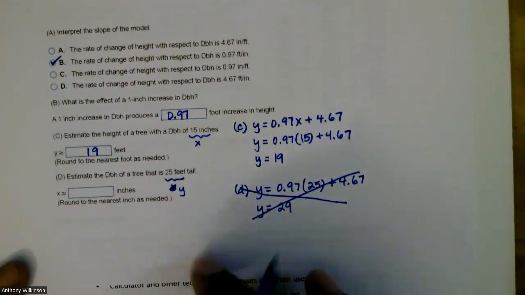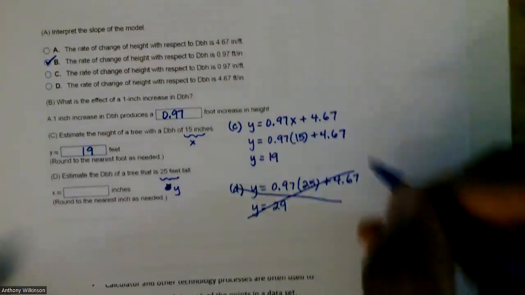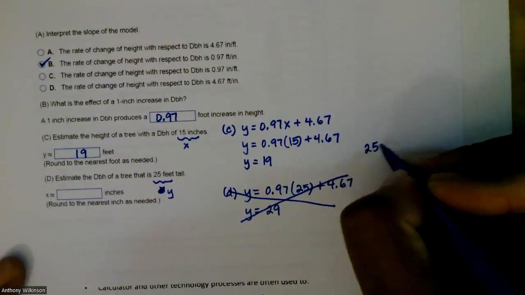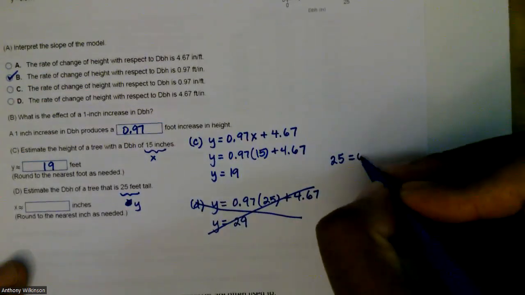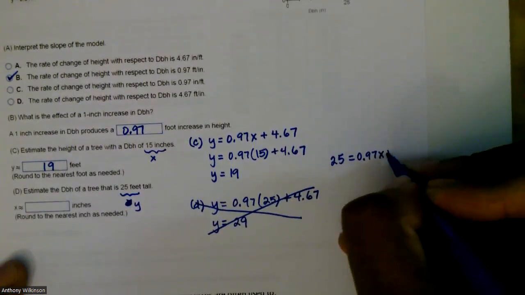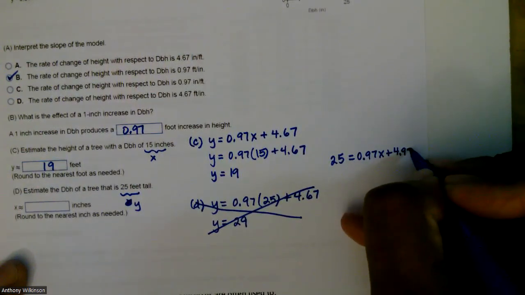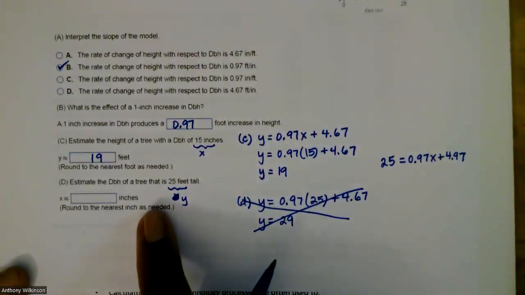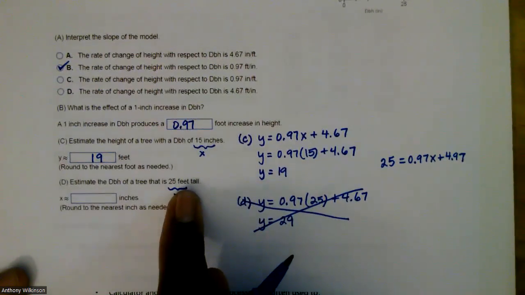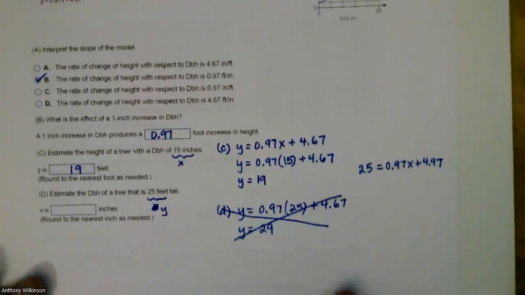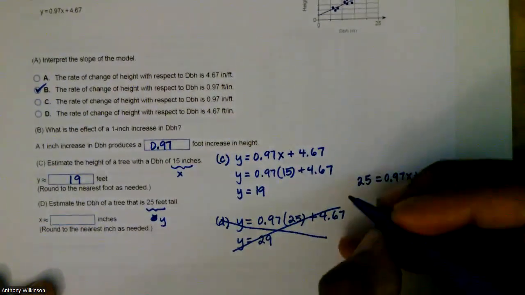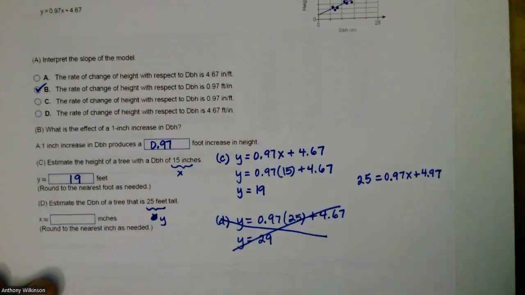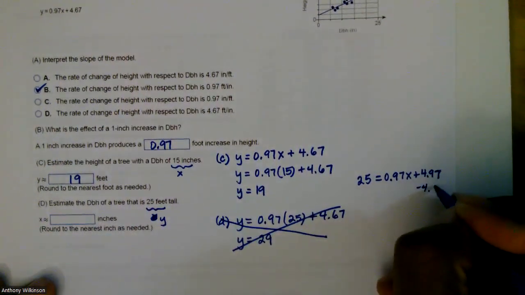So in this case here, your Y is going to be 25. That's equal to 0.97x plus 4.67. So everyone see that because the height of the tree is what Y is. Your DBH is your X. So here we're finding out the DBH of the tree. So we need to solve this equation by subtracting 4.67 on both sides.